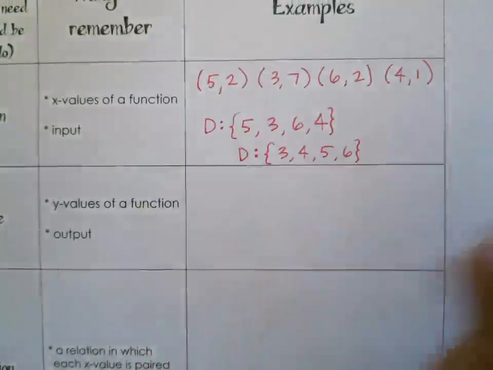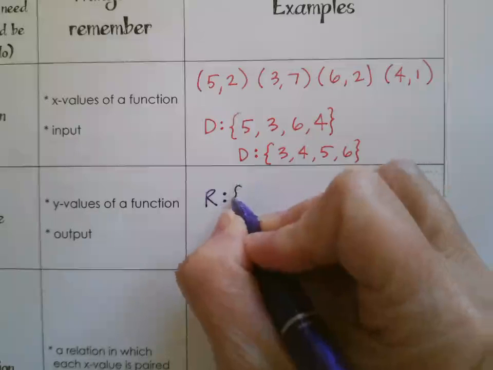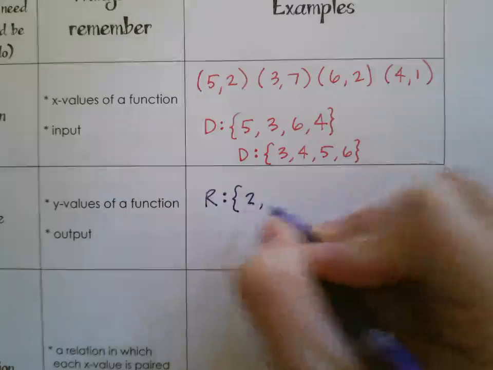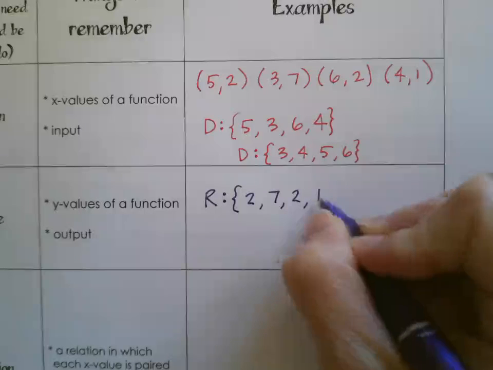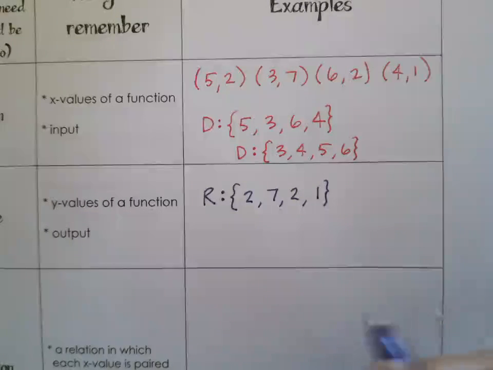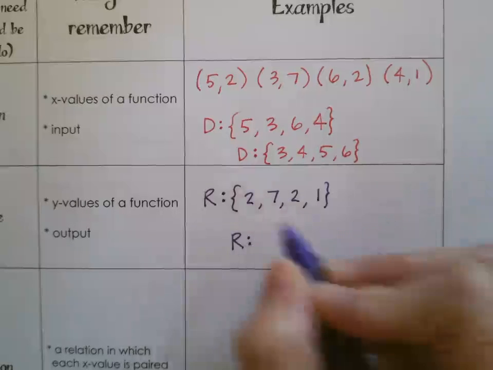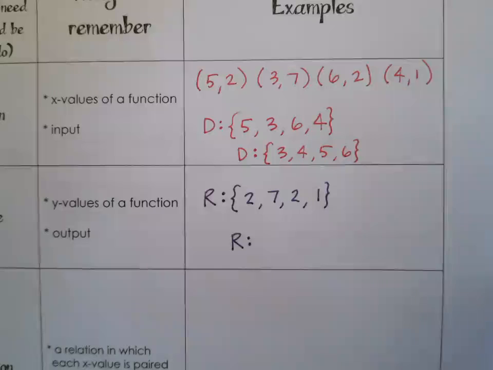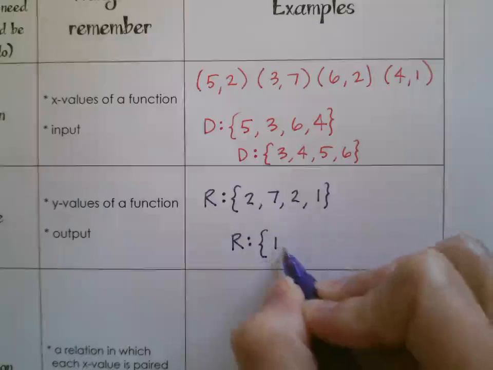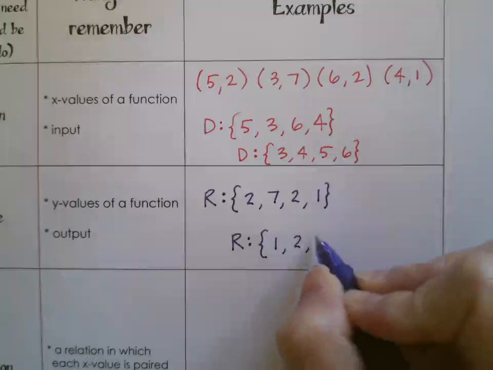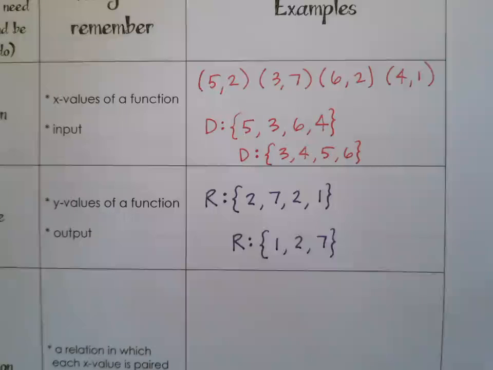So using these same points, I would say that the range is 2, 7, 2, and 1. But let's fix this up a little bit. First of all, they're not in order, and I have the same number twice, which I don't need. So I'm going to fix this by saying that the range would be 1, 2, and 7. And that's the best way to show our answer.